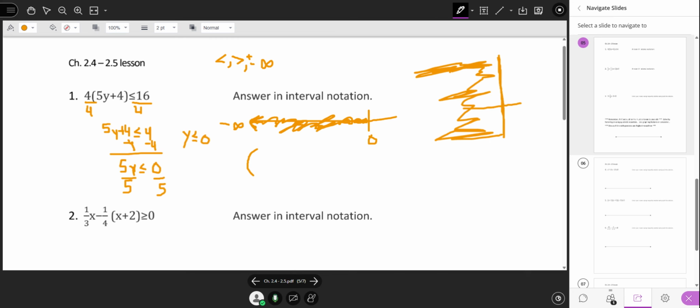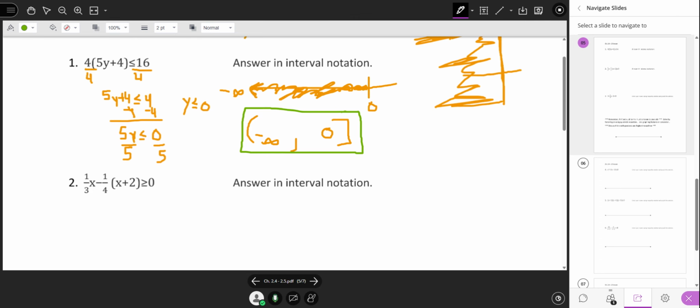So infinity gets a parenthesis, but there was a solid line at 0. Solid line and equal get a bracket. This end is negative infinity. This end is 0. So this would be your interval notation.